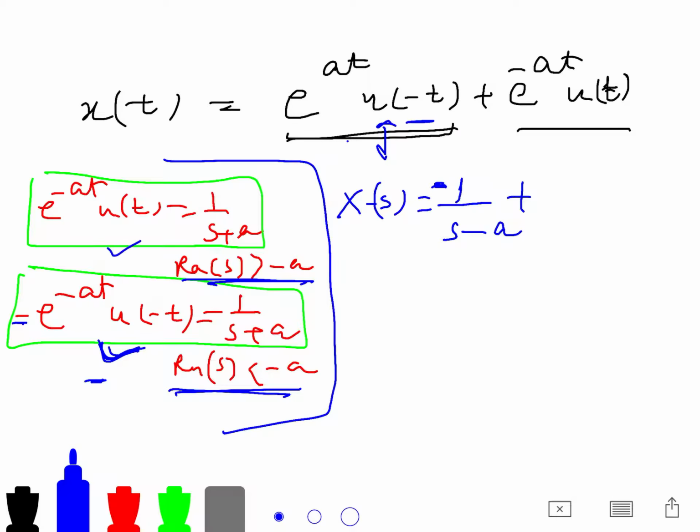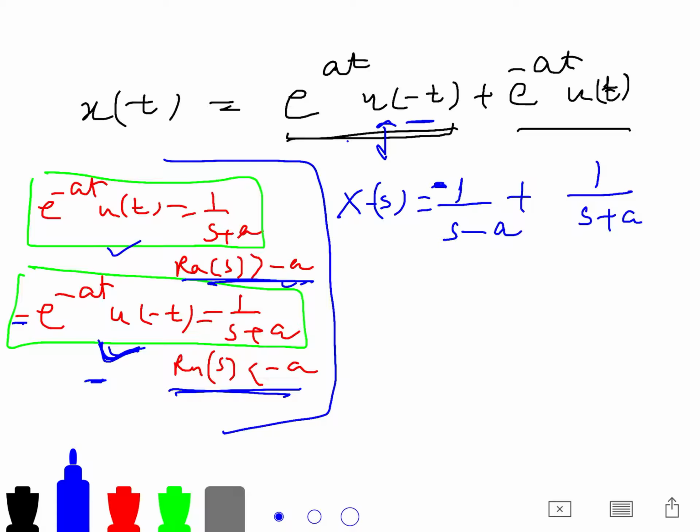Then plus, for e to the minus at u(t), the Laplace transform will be 1 upon s plus a, and for this the real part of s is greater than minus a. So you can write the Laplace transform in this manner.